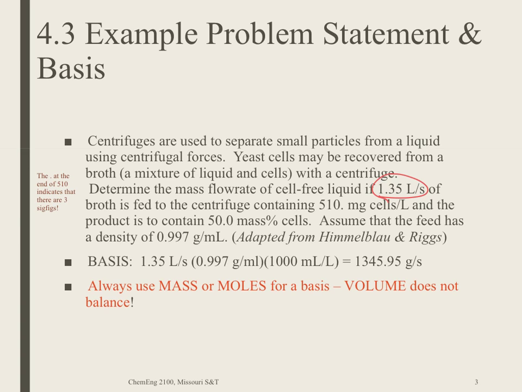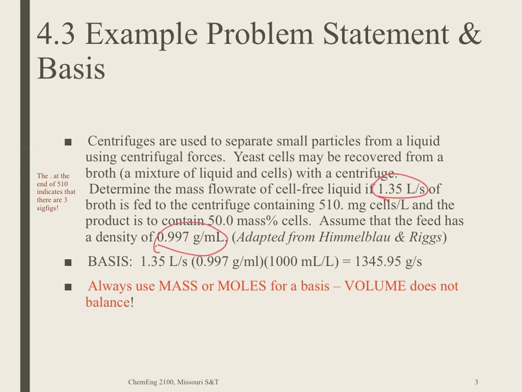And then they further describe what this broth is. Now, that's a quantity, but unfortunately, volume is going to be a challenging basis to use. It's going to be much easier for us if we always learn to use mass or moles for a basis. So no problem.